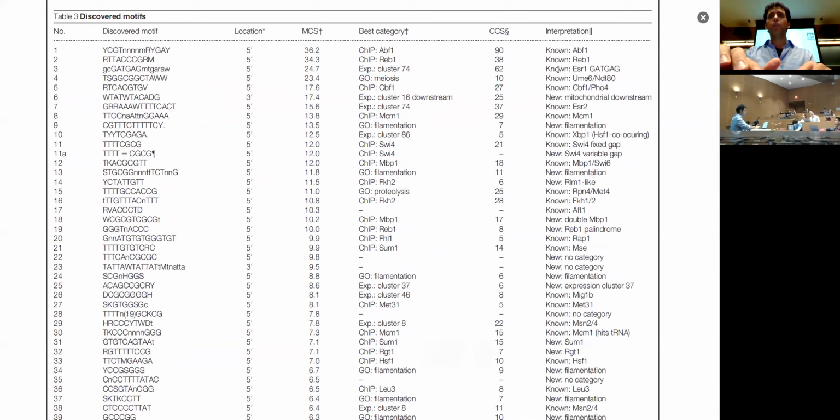Many of those matched known motifs, and then some sequences matched novel motifs. So this one is mitochondrial downstream, this one is filamentation, this one is switch for variable gap, and so on and so forth. Who thinks this is kind of cool?